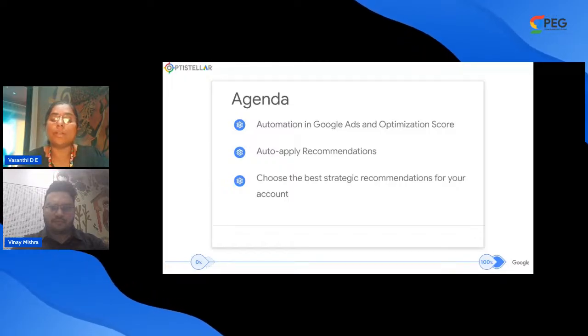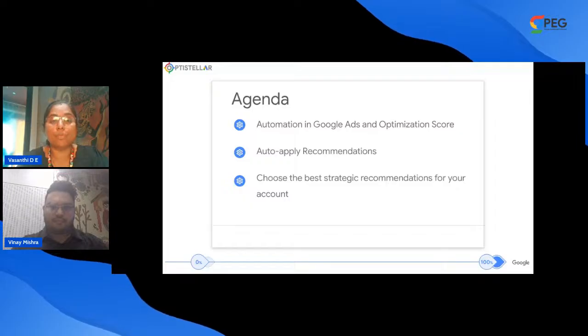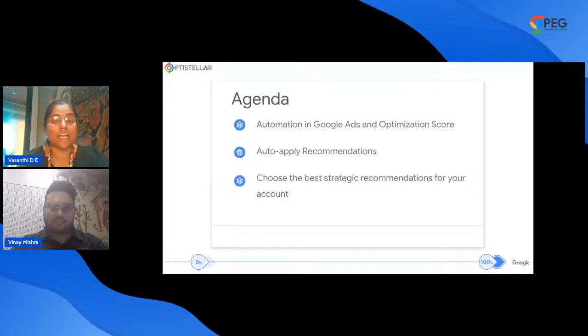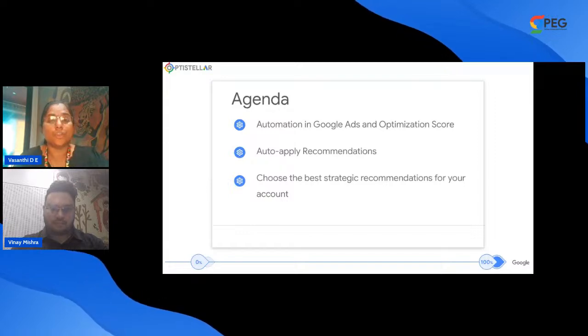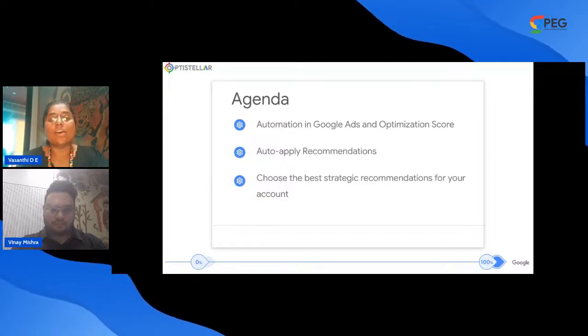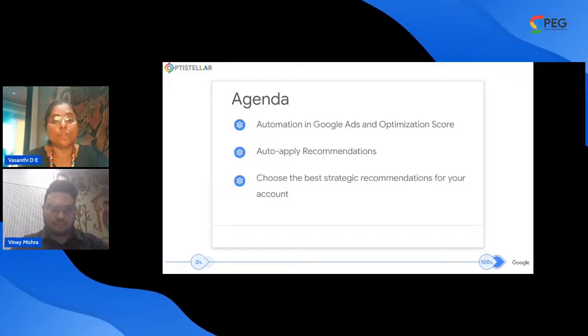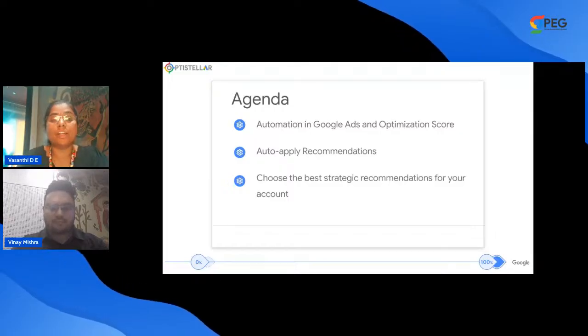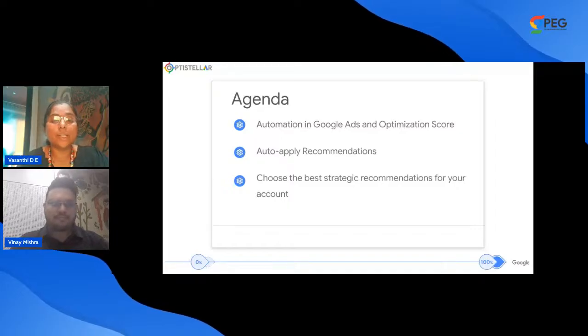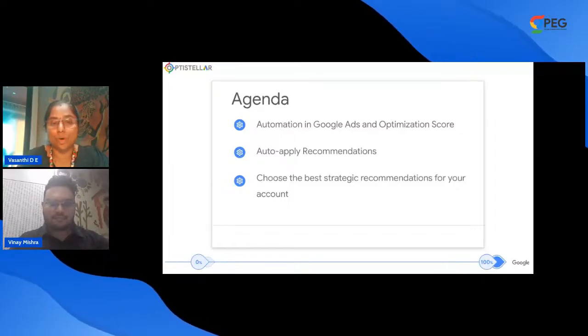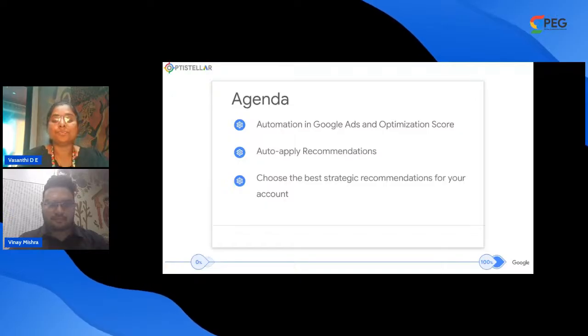We will also discuss different features of optimization score, and try to answer some of the frequently asked questions that we have heard from agencies and advertisers in recent years. Vinay will then talk about automatically applying recommendations and provide you a sneak peek of the different things that we have recently launched or are about to launch for optimization score.